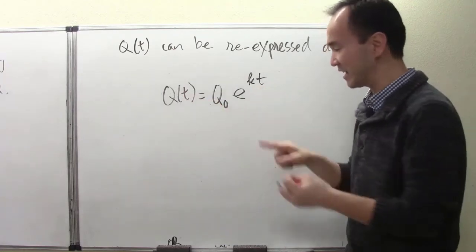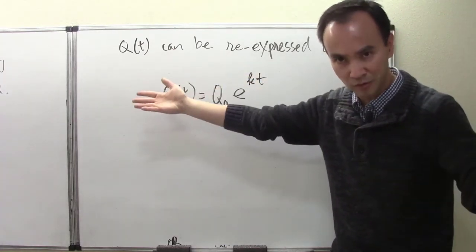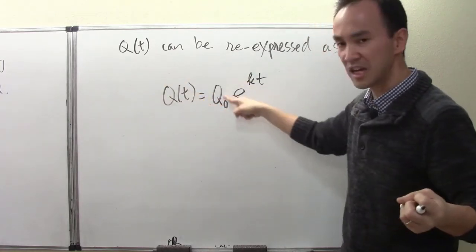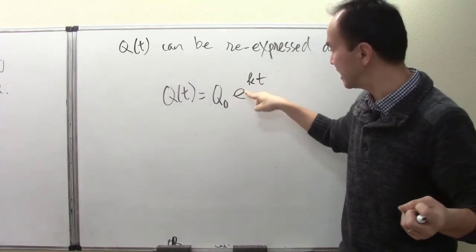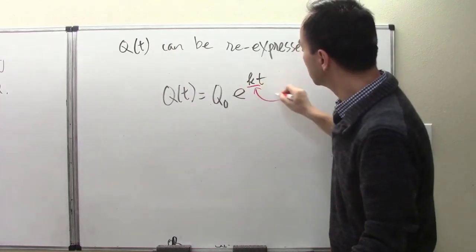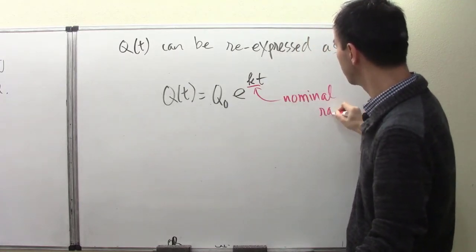If our population here was a money growth with some nominal growth rate, then this k in our exponential function base e is, as a reminder, equivalent or analogous to the nominal rate.